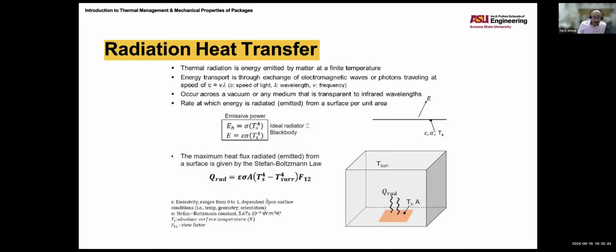That's here at the junction between the C4 solder ball and our die. The TIM is the same cross-sectional area as our die. It's thin, so we will make the assumption that the heat is going to travel in one direction.